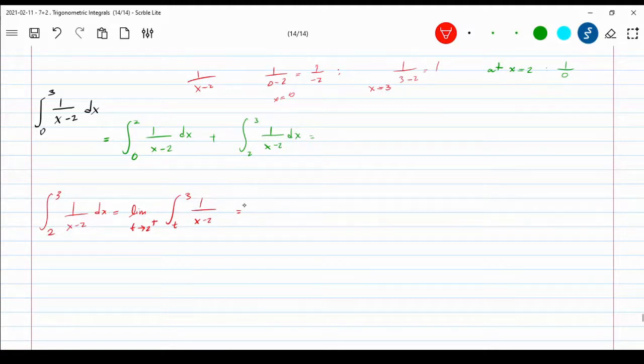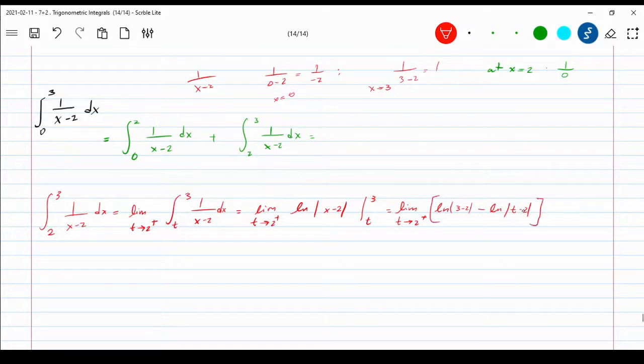And what would be the result of this? The integral would be ln of the absolute value of x minus 2, evaluated from t to 3. What you get is the limit as t approaches 2 from the right-hand side of ln of 3 minus 2, minus ln of t minus 2.